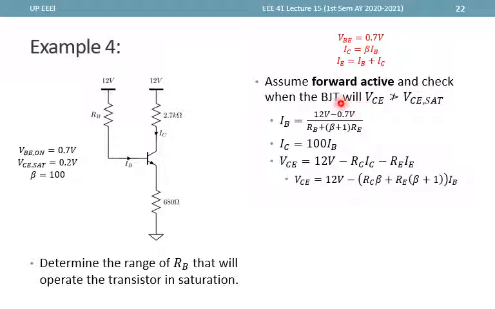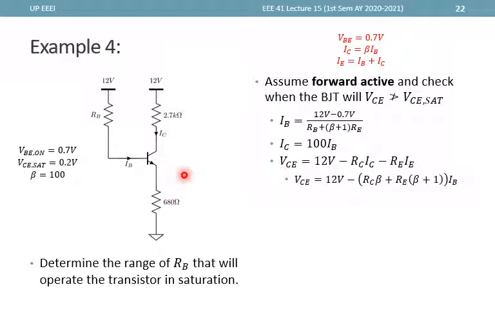And it is also quite interesting to note that since we are adding RB and beta plus 1 RE, then from the point of view of RB, it sees a resistance that is beta plus 1 larger.